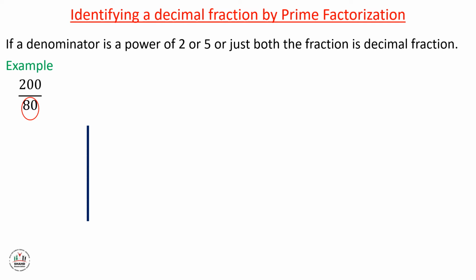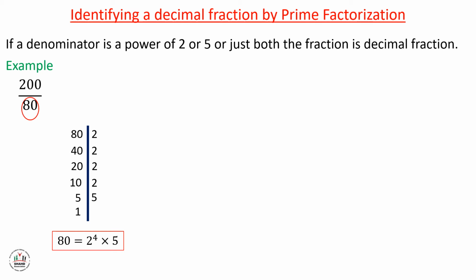So we do prime factorization as we have learned in the LCM and GCD lesson previously. So we write 80 divided by 2, 40 over 2, 20 over 2, 10 over 2 again, 5, and 5 over 5, which is equal to 1. So 80 is equal to 2 to the power 4 times 5.